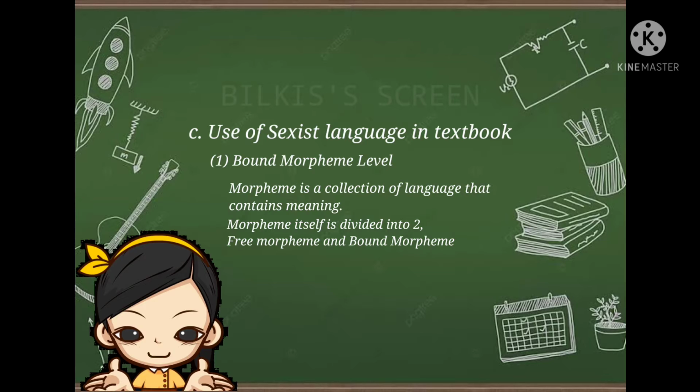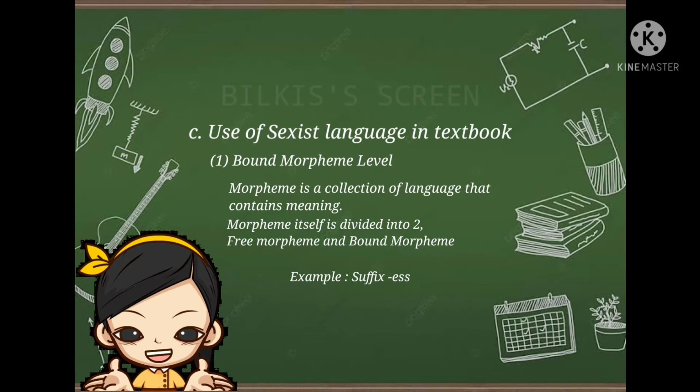Free morpheme is a word that's not bound, is free, and already has meaning even though it stands alone. While bound morpheme is a morpheme that is bound, in concept, to a free morpheme. An example of a bound morpheme is an affix in a word, whether it's a prefix or a suffix.